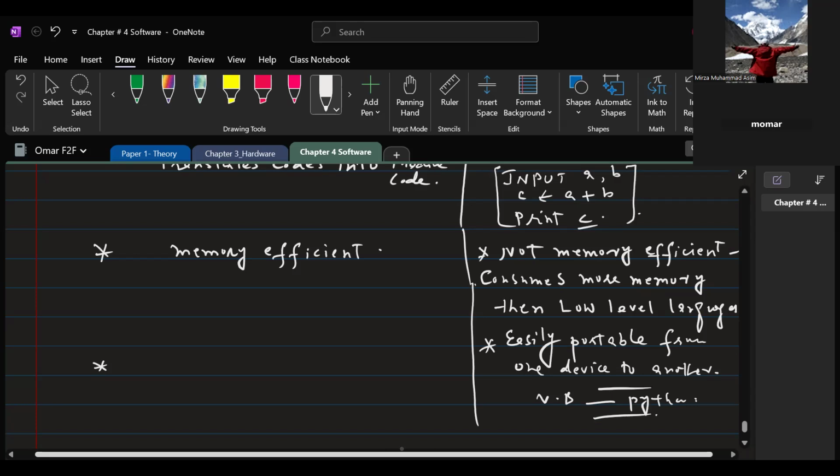So it means the code can be run on different platforms or different computers, right? Whereas low level languages cannot be easily ported from one device to another.